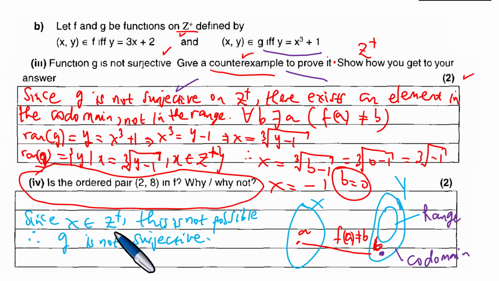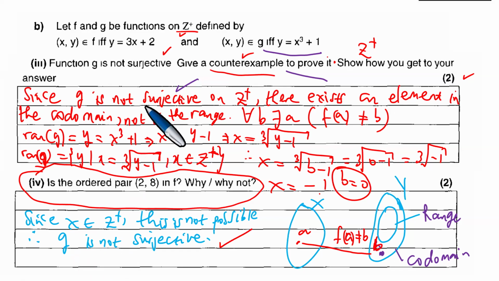Since x is an element of Z plus, this is not possible. G is not surjective because x is negative 1. So if x is negative 1, since x is an element of positive integers, this is not possible. G is not surjective.